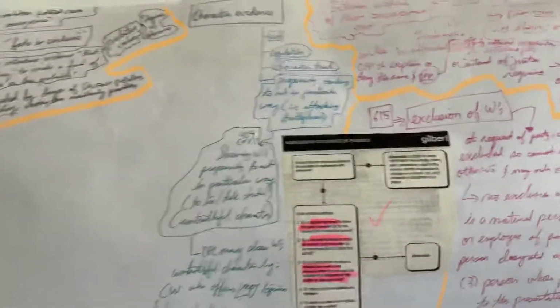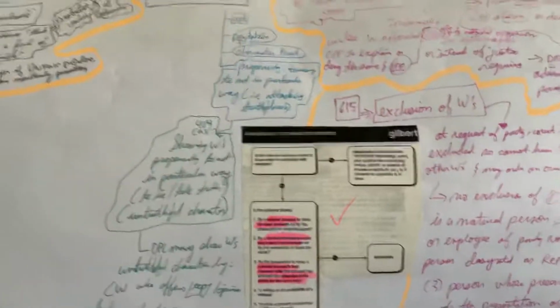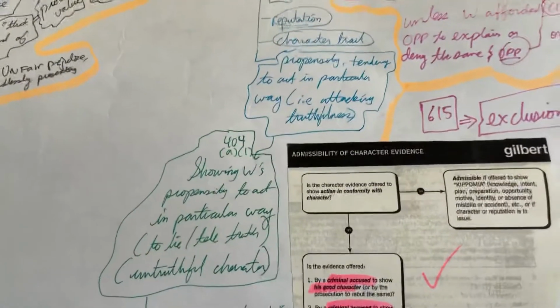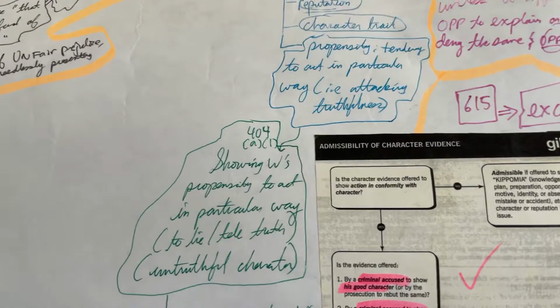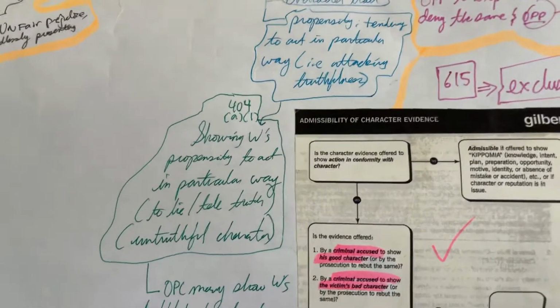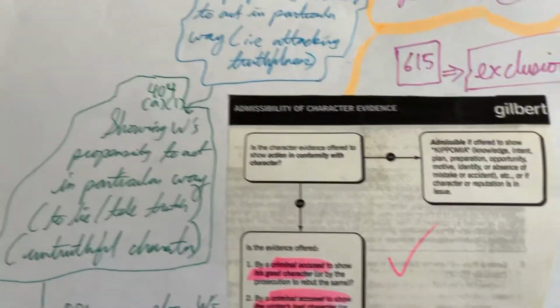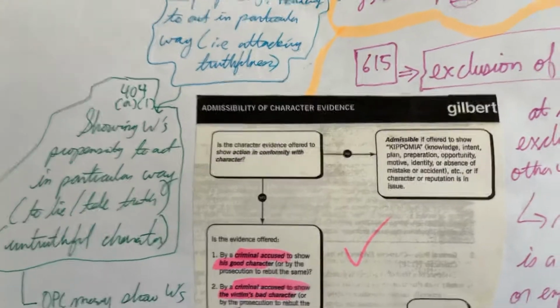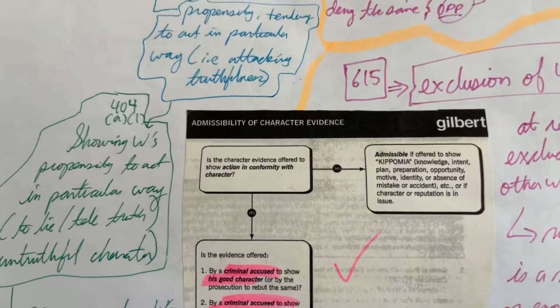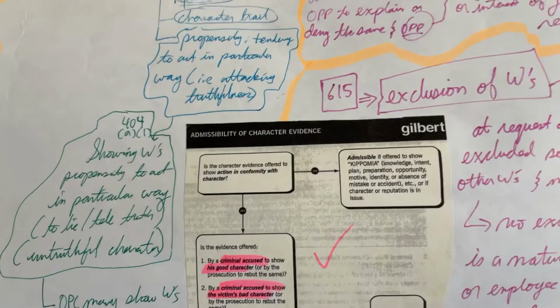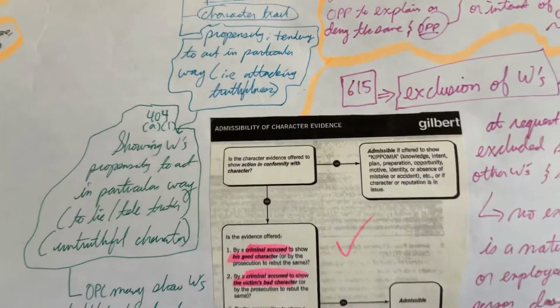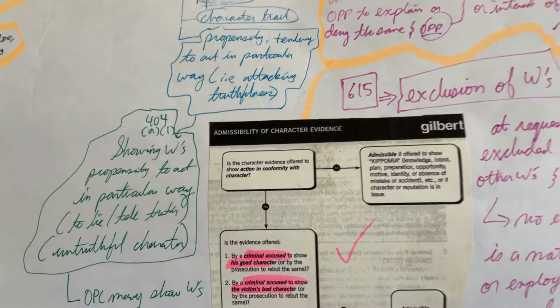Remember, once again, we'll just go over this really quickly since it's so important here. This chart is super useful, thanks again Gilbert's. We first ask, is the character evidence offered to show action in conformity with character? If the answer there is no, it's admissible, if it's used to show, for example, knowledge, intent, plan, preparation, opportunity, motive, identity, or absence of mistake or accident.